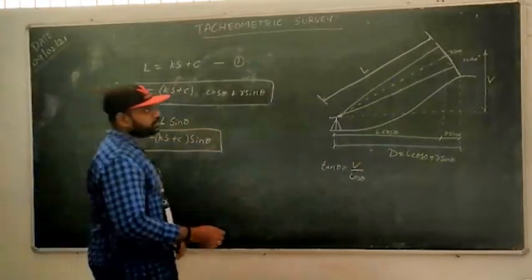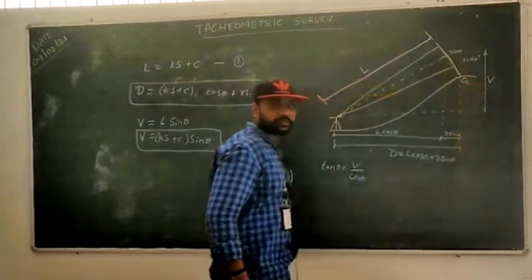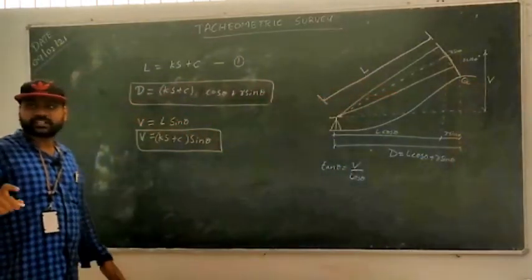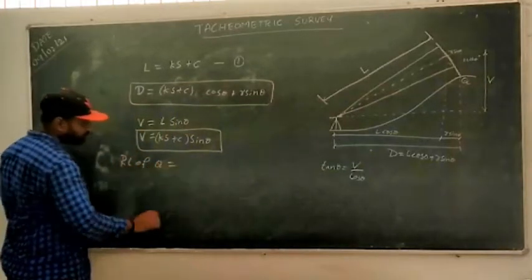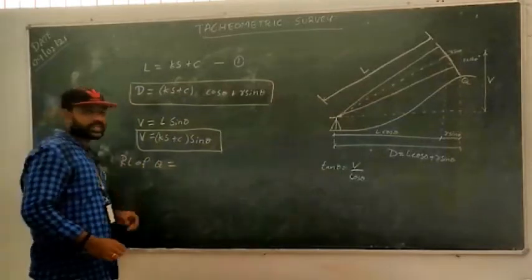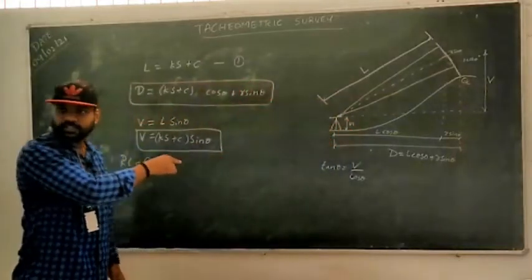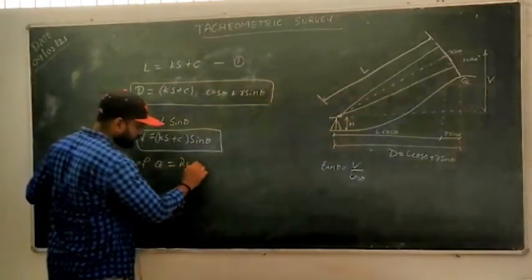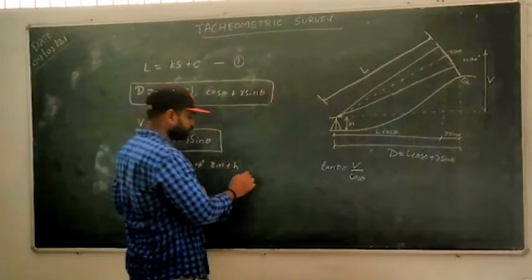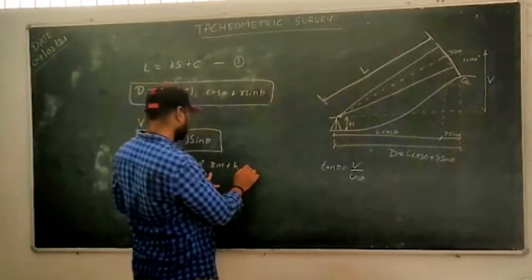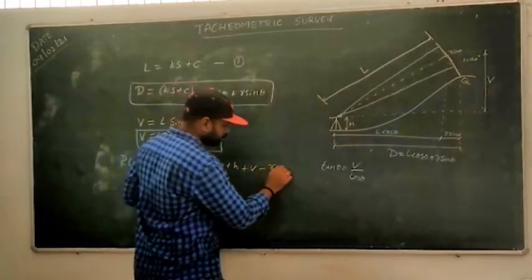Now, we kept our leveling staff at point Q. So the final thing is we need to get the equation for RL of Q. RL of Q is equal to RL of benchmark plus H, the height of instrument, plus V minus R cos theta.